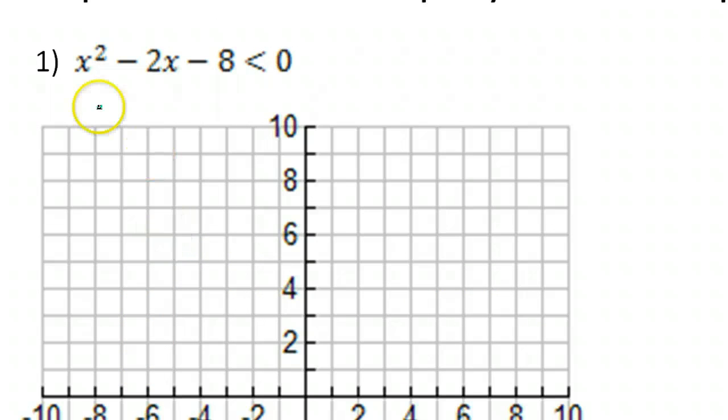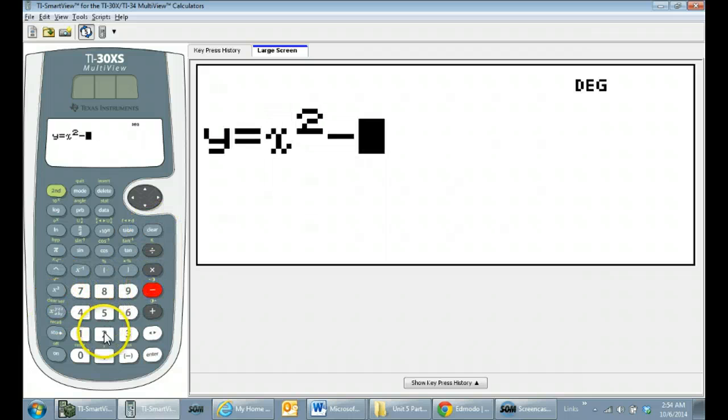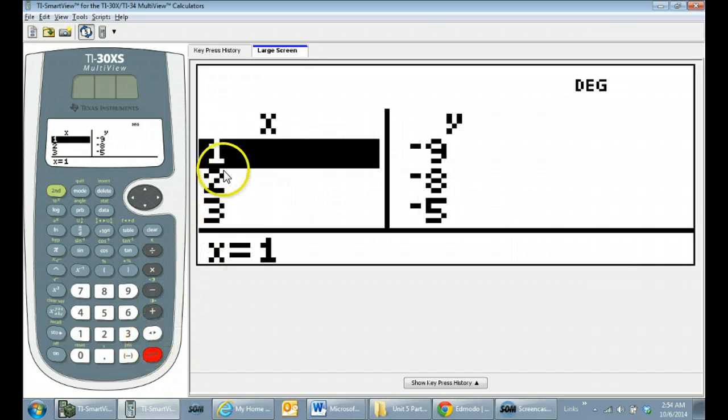Alright, let's go ahead and put this equation in our calculator and see what we've got. Let's see, x squared minus 2x minus 8. And we'll just hit enter a few times. Alright, so we have 1 comma negative 9.